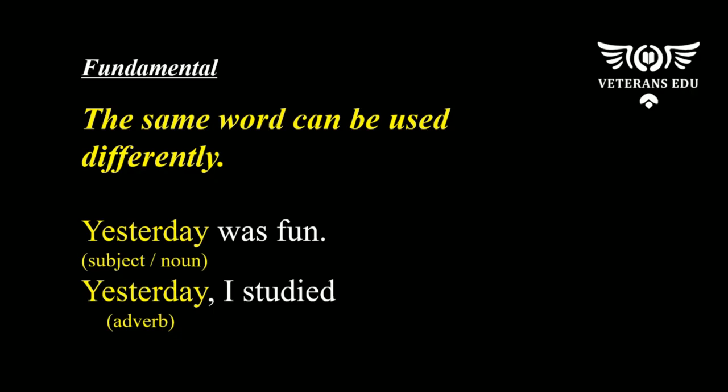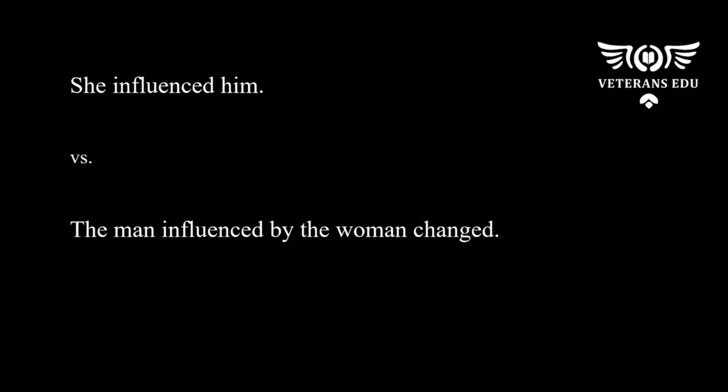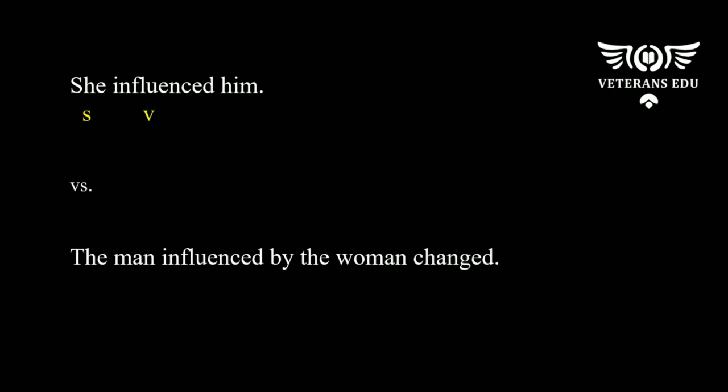Let's compare the 2 different sentences on the screen. First sentence, she influenced him. The second sentence, the man influenced by the woman changed. Now, what is the subject and the verb of the first sentence? It's easy, right? She influenced. What about the second sentence though? The subject is the man, but you have to understand the verb is not influenced.